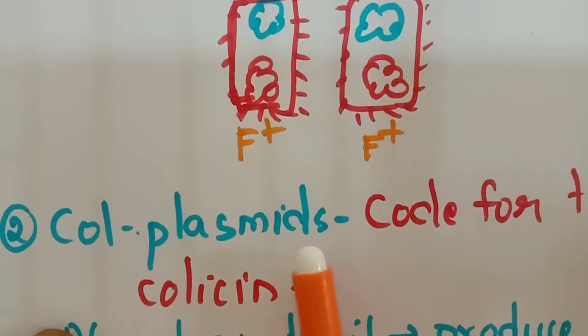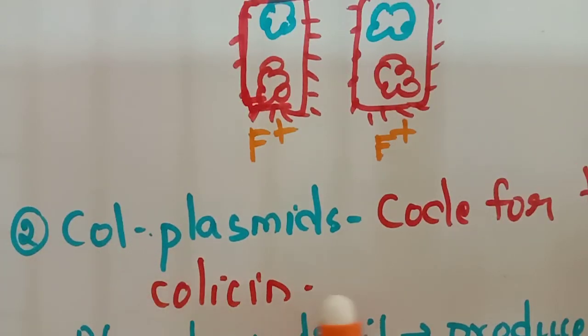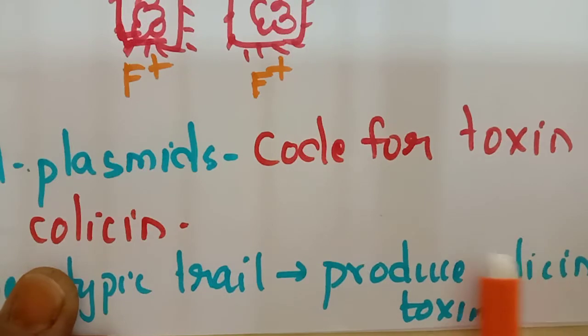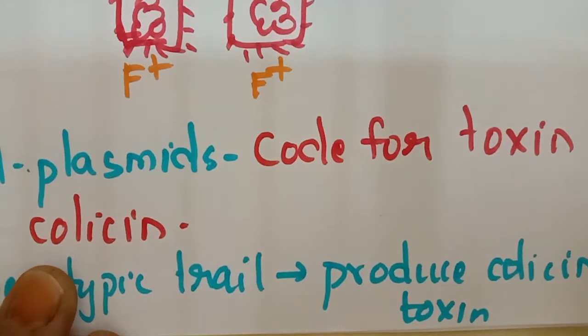Col stands for colicin, which is a toxic compound. The phenotypic trait over here is production of the colicin toxin.